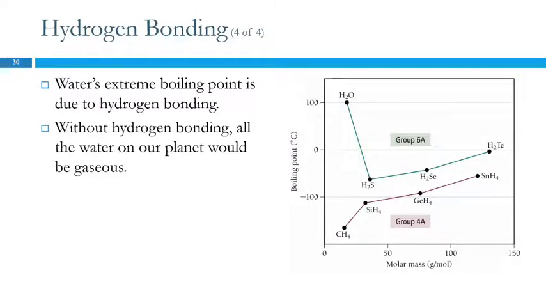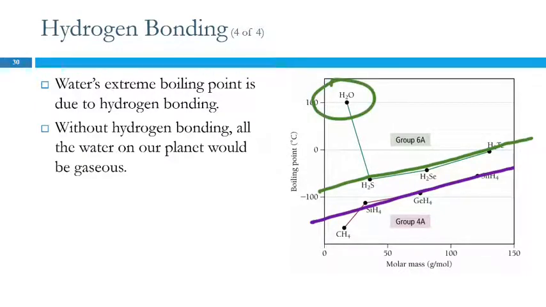So these ones on the bottom, the carbon drops off a little bit, but there's a pretty good trend here. And then for the group 6A, these three make a very nice trend, but then water is way off from where it should be. We would predict that water would be more around here, but it's not, it's way up here.